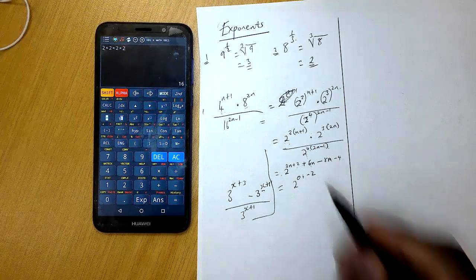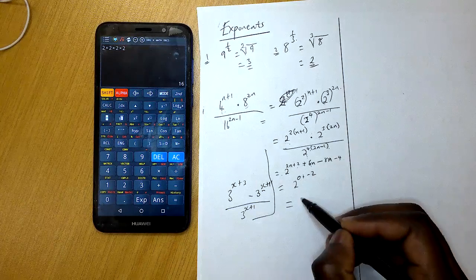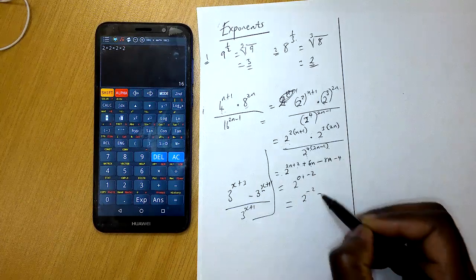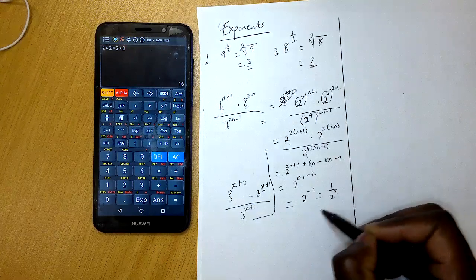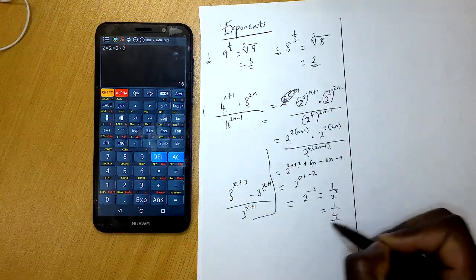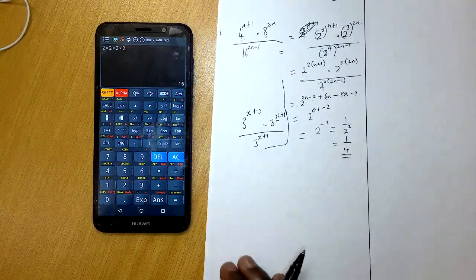Then it's going to be just 2 to the power of negative 2, which equals 1 over 2 squared, which equals 1 over 4. That's how you get the answer there. So that's how easy it is to get the answer.